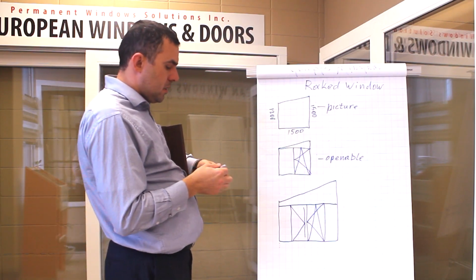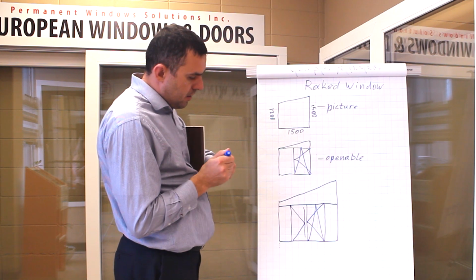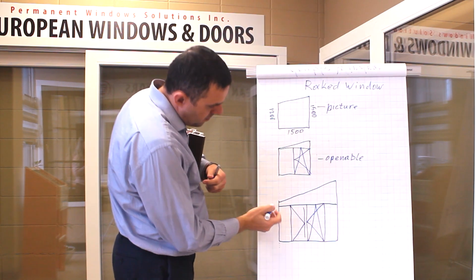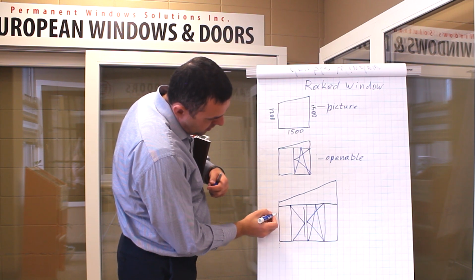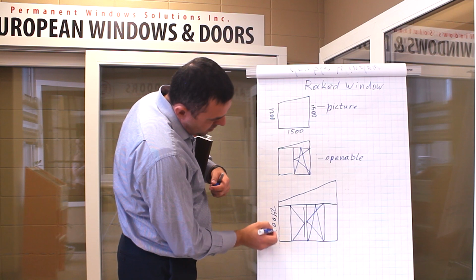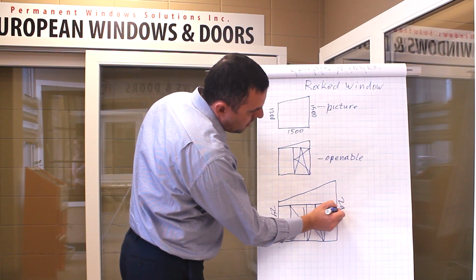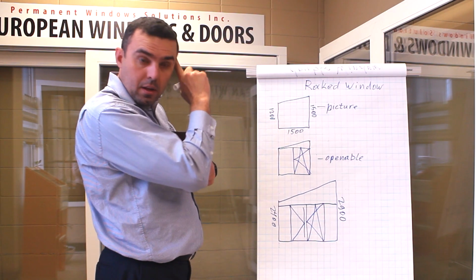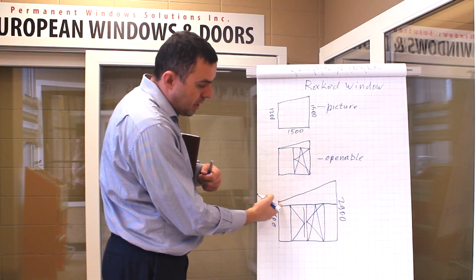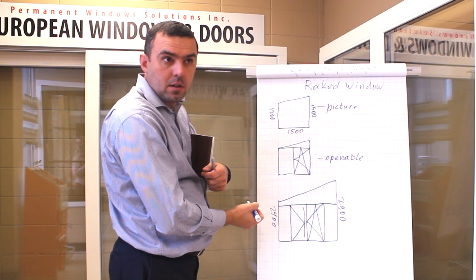So in this case, you're giving me this height. Let's say you're writing this height, let's say 2400. Here will be 2900. And what I usually do, because I need to know this height for this horizontal piece, right?